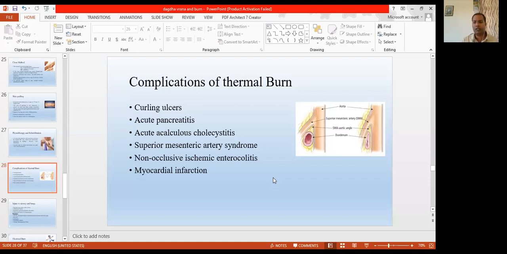So in the burn patient, somehow it is seen that the girth or the size of the aorta and superior mesenteric vessels enlarges. Here you can see that this is the normal duodenum, and here it is increased in size, so the duodenum gets compressed.